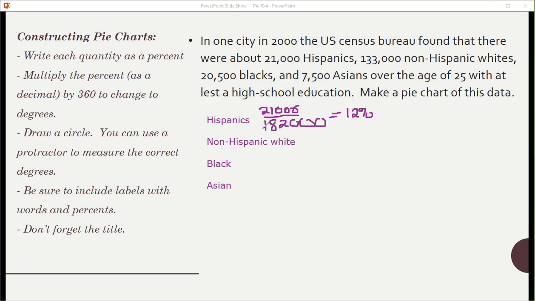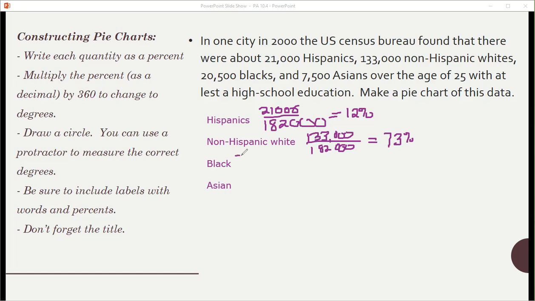For the second value, I have 133,000 out of 182,000, which should give me 0.73. Move my decimal 2 times, I end up with 73%.